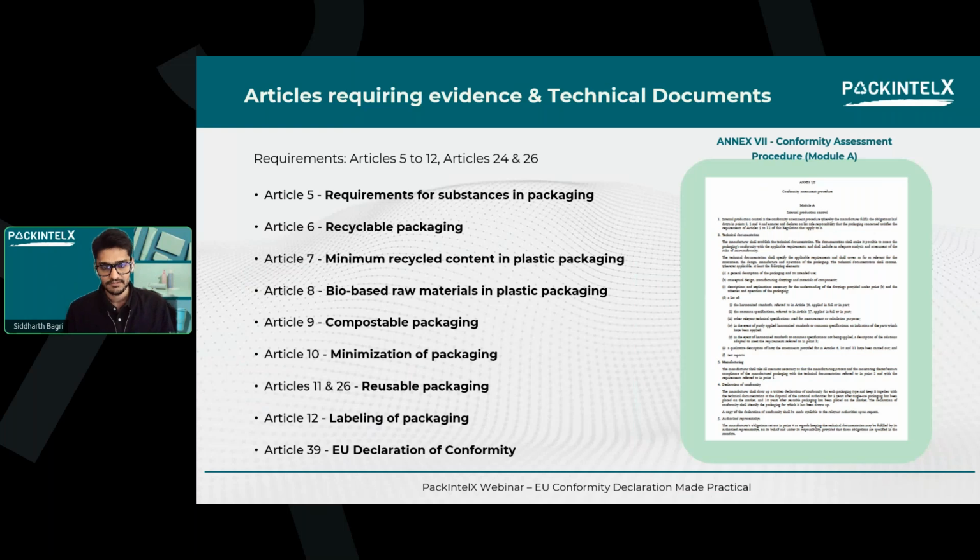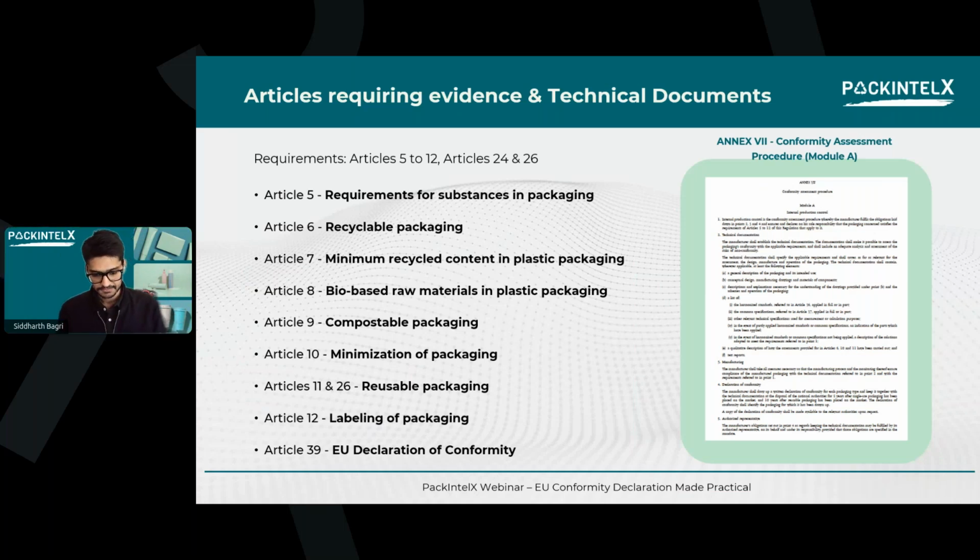Article 5, substances of concern in packaging. This is something we'll be discussing in detail because it is very relevant for 2026. This article is to ensure that there are no heavy metals or PFAS above the prescribed limits from the EU.